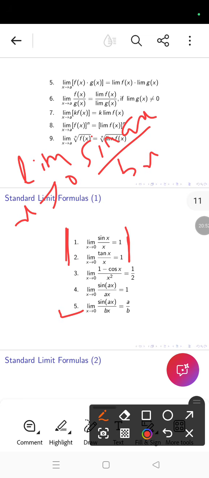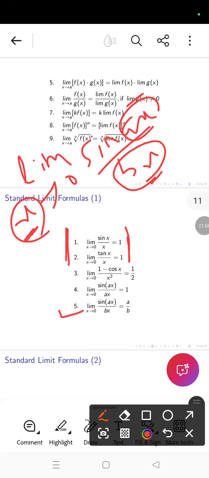Now we should check: if it is x here, it must be x here and x here. But here it is sin ax and here it is x only, so they should be the same so that we can apply the formula. The x and ax, bx must be the same.